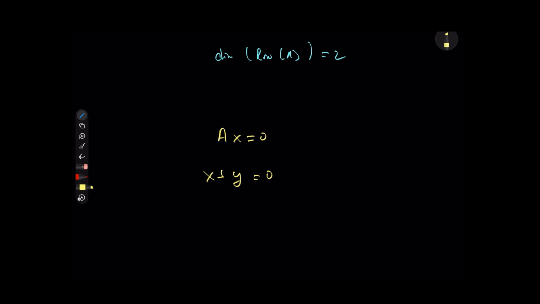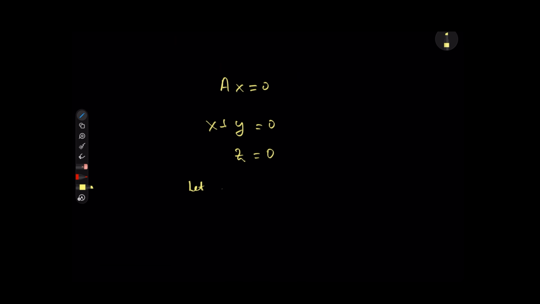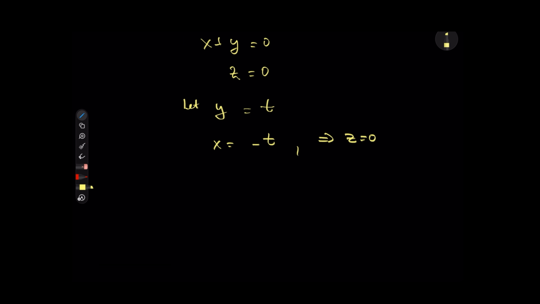I had 0, 0, 1, 0. So I had z is equal to 0. And then I would let y be equal to t. If y is equal to t, that means x is equal to negative t and z is equal to 0 as usual. So my homogeneous system would look like negative t, t, 0, which will give me t times negative 1, 1, 0.